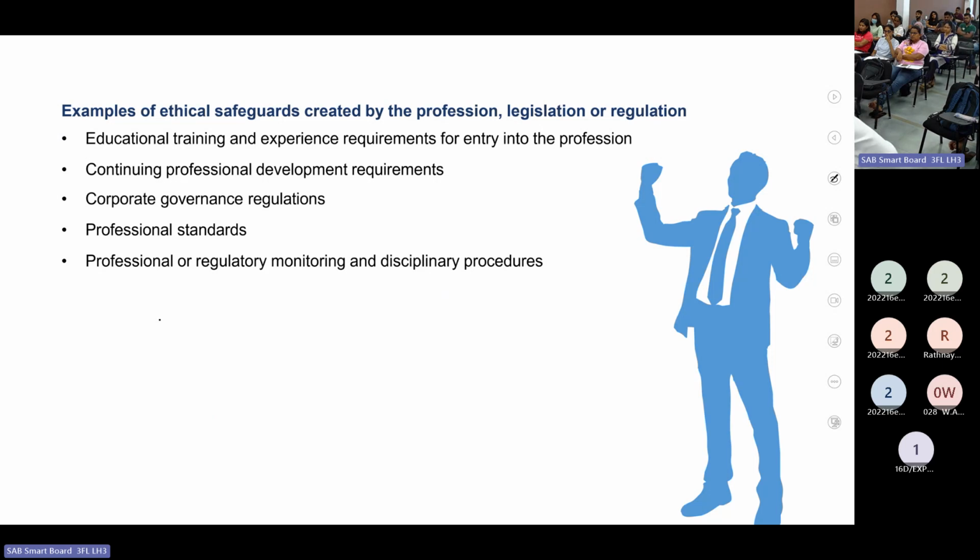And professional standards you are having. When it comes to this book, ethical principles. Professional or regulatory monitoring and disciplinary procedures.